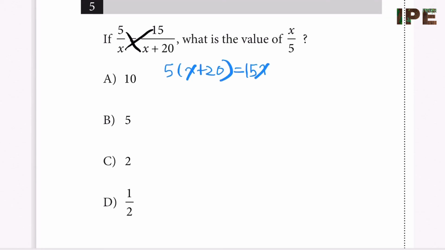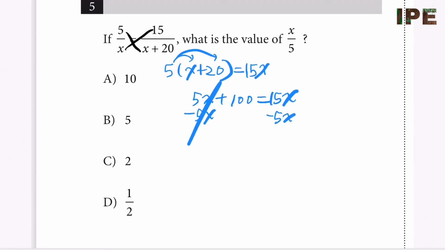So it is a linear equation problem. Distributive property, right? 5x plus 100 equals 15x. Subtract 5x from both sides. Cancel out. So 100 equals 10x. X equals 10. Well, 10 is here, so 10 is the answer.